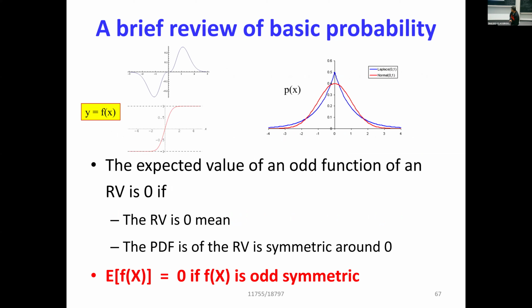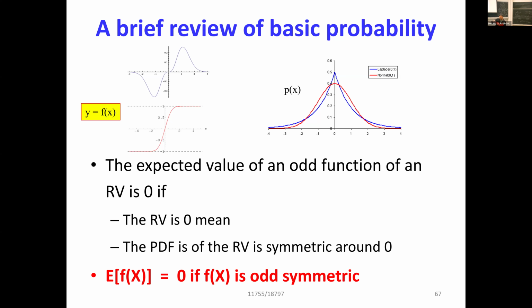Okay? So there's another thing that comes out, which means that these are properties that we will use in the next class. If I have some random variable whose probability distribution is symmetric around the mean, say around 0, and I transform the random variable through a function of this kind, then the expected value of the transformed random variable is going to be 0.